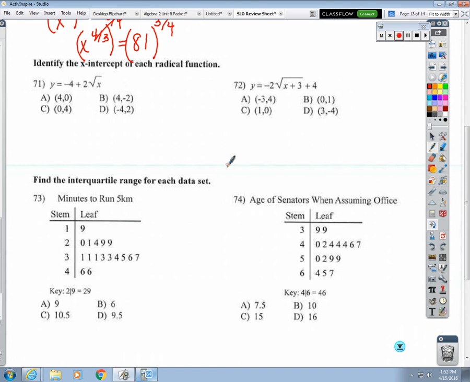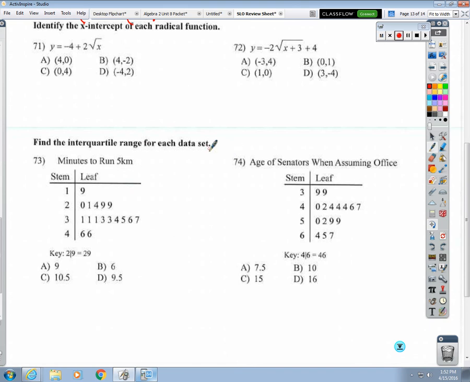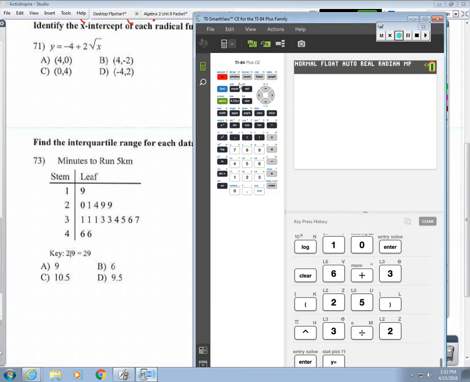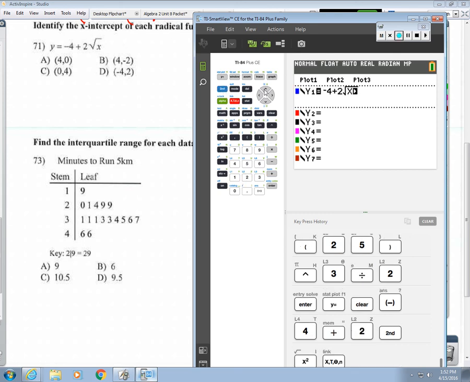71. Identify the x-intercept of each radical function. What is an x-intercept? It was B. Where it crosses the x-axis. So what would be helpful here? To graph it. Y equals -4 plus 2 square root of x.